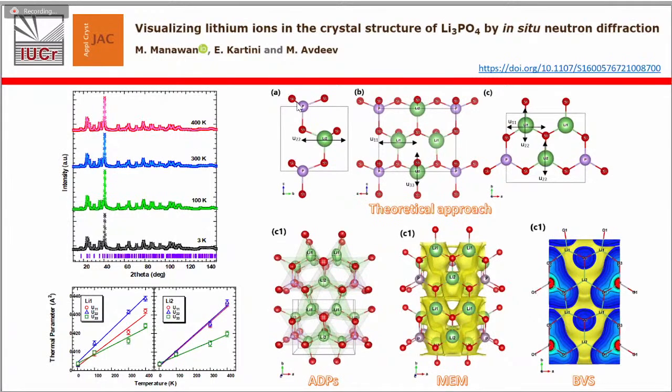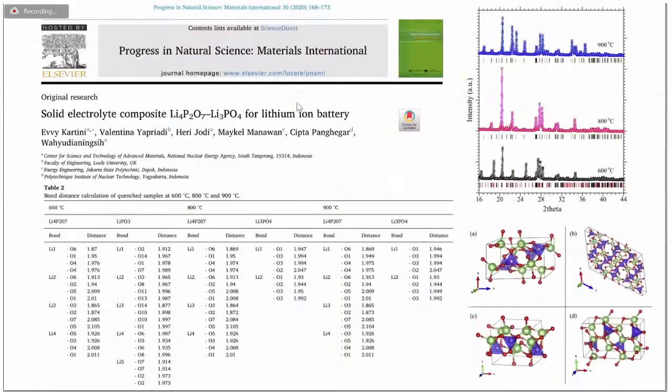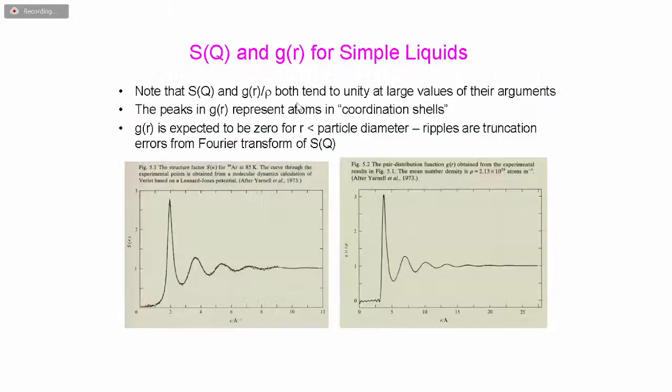This is joint work with the group of Mr. Michael from Devon University, and also MFD from ANSTO. I am sure that if we combine this with the synchrotron, we will have more information. This is another publication, and another opportunity to study solid electrolyte, the glass.